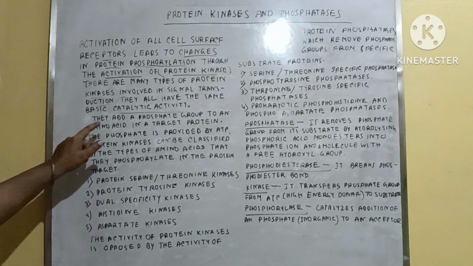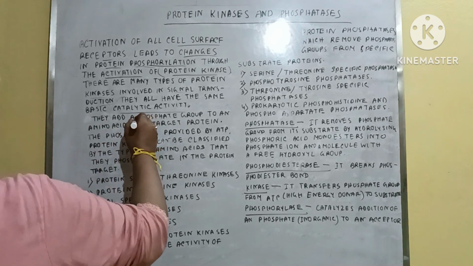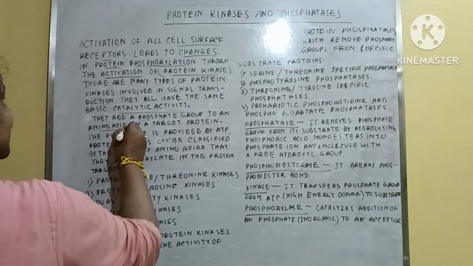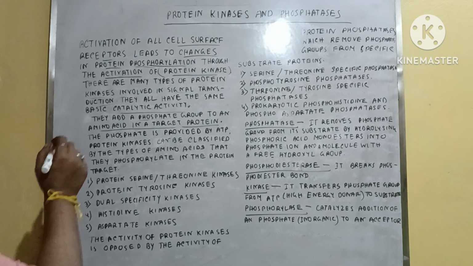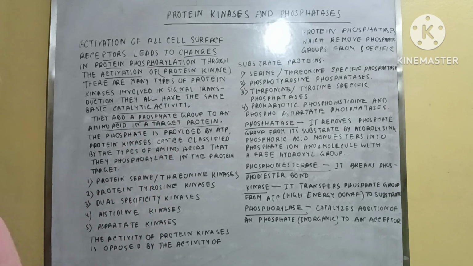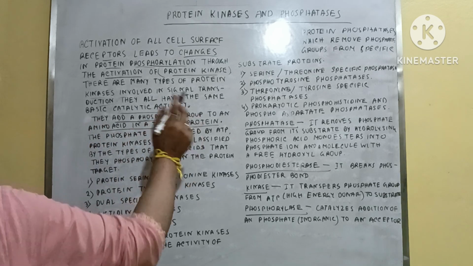They add a phosphate group to an amino acid in a target protein. So what's the role of this? They add the phosphate group to an amino acid in a target protein.